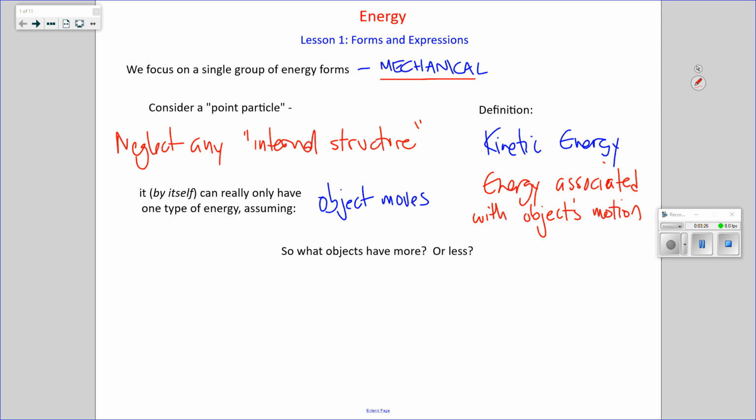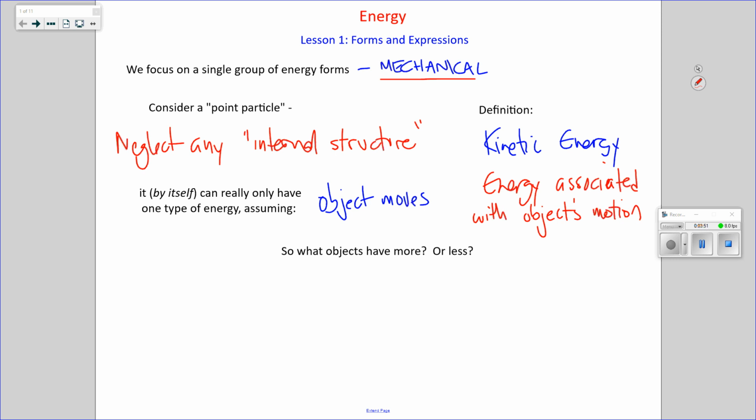Okay, so now going into a little more detail on this point particle idea. If we consider the structure of an object, the ball is made of atoms. The atoms themselves can move, and that's the nature of temperature. You might have heard from chemistry that temperature is a measure of the average kinetic energy of the particles in a substance.